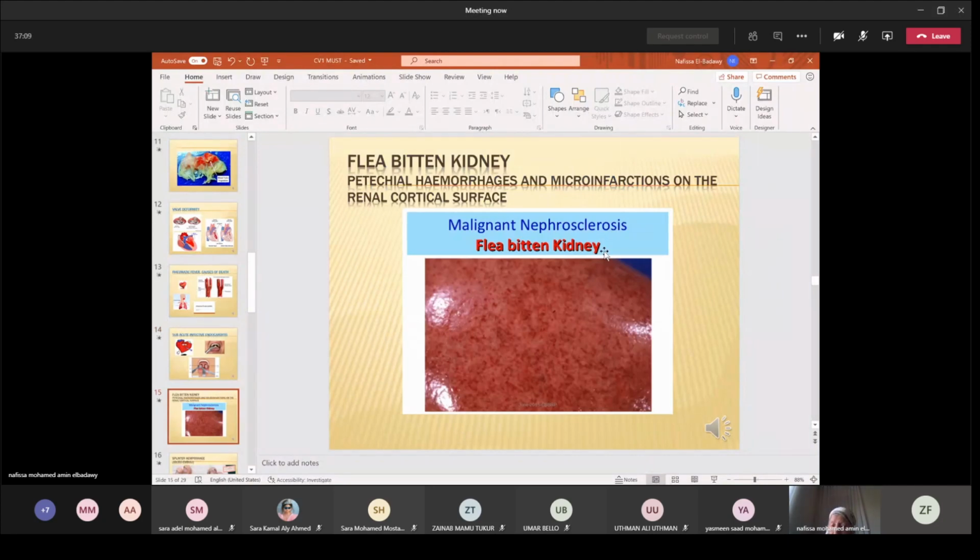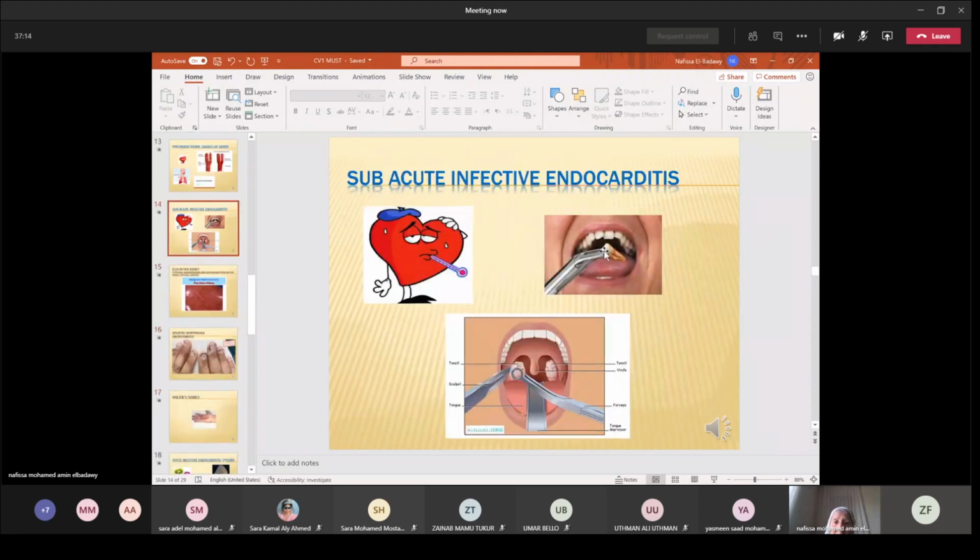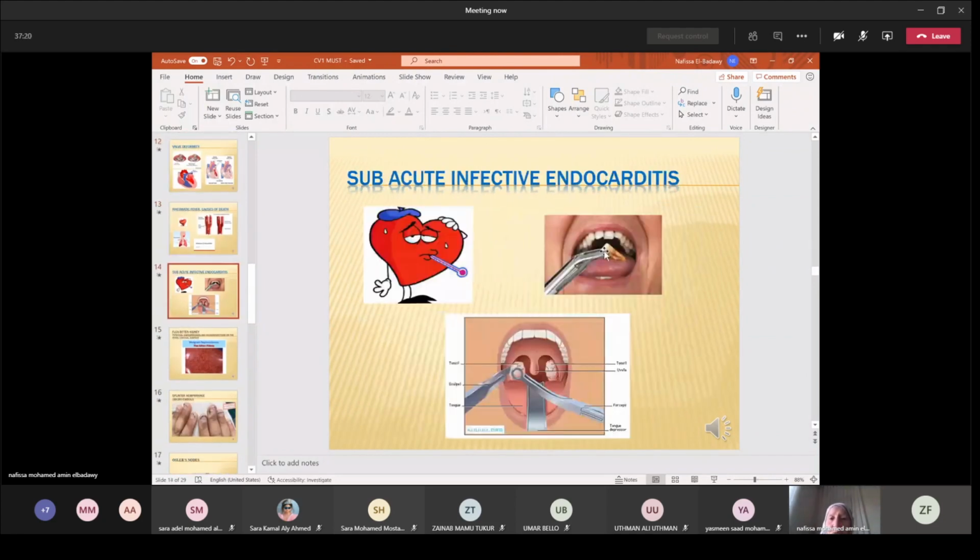So both of them, whether subacute or acute infective endocarditis, will cause fever and will cause affection of the valve. And as the valve is mainly formed of endothelium, the endothelium with the inflammation will be injured, and this will cause the formation of vegetations.